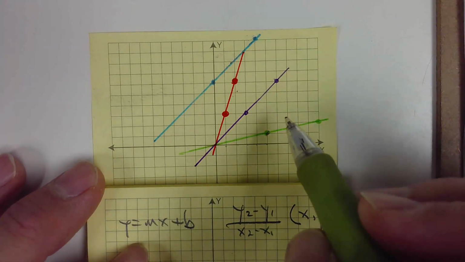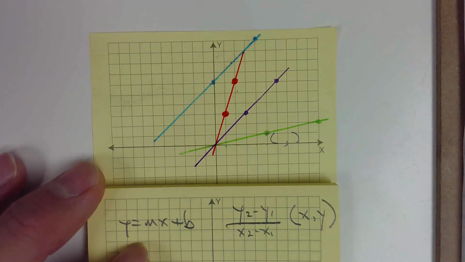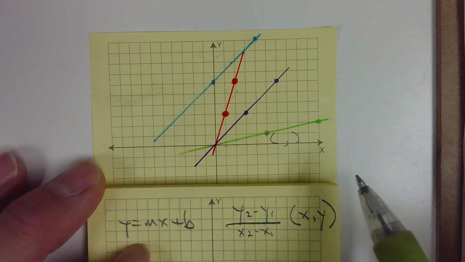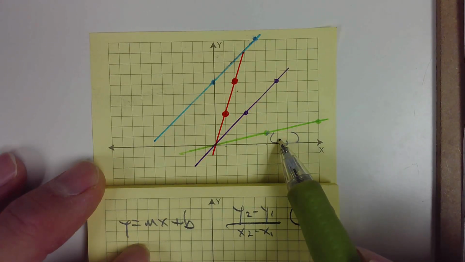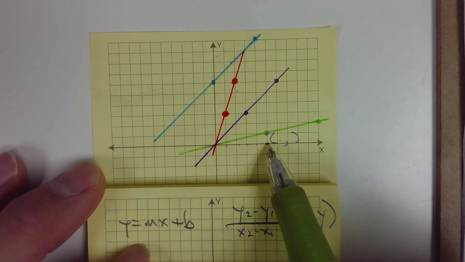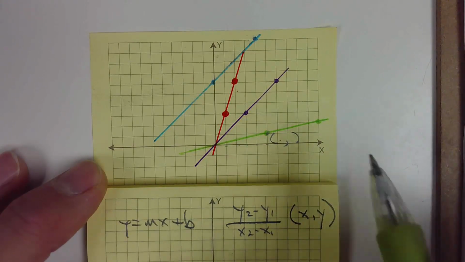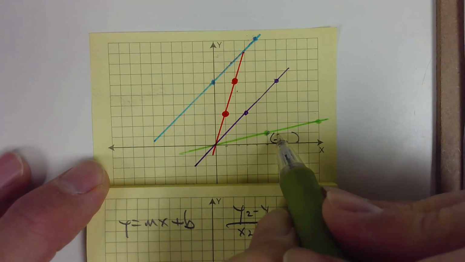How would I label that coordinate pair for that point? You don't know? Okay. What do we list first, the x or the y? X. 1, 2, 3, 4, 5. So it's what? 5. Okay. So let's put a 5 right there.